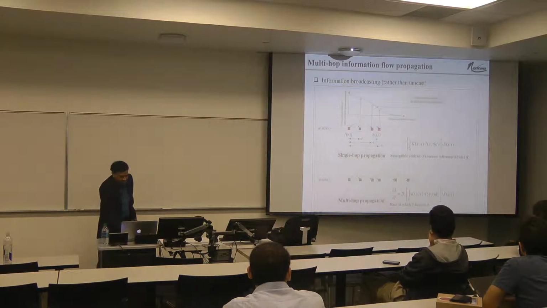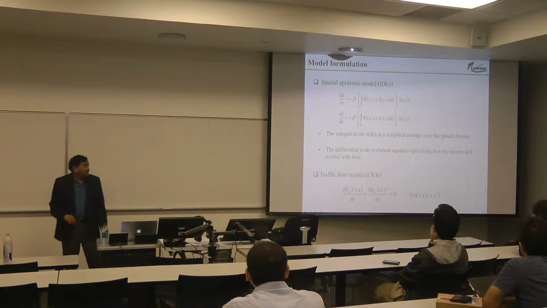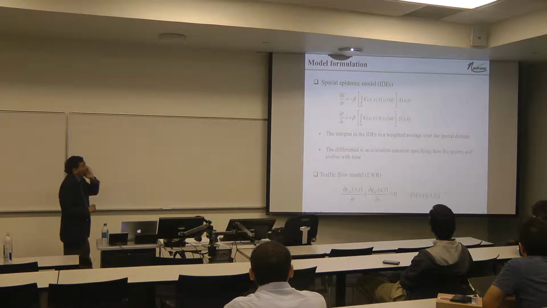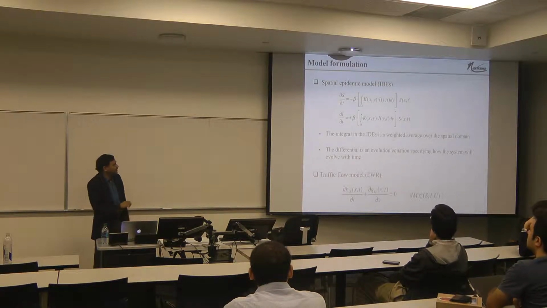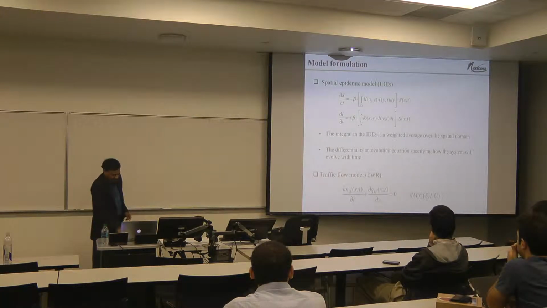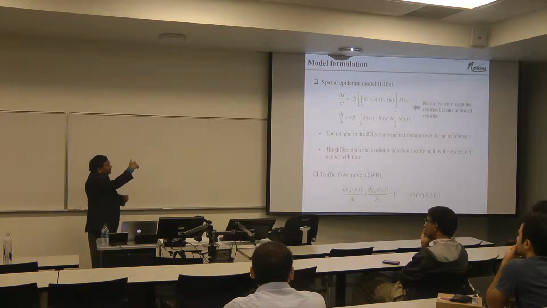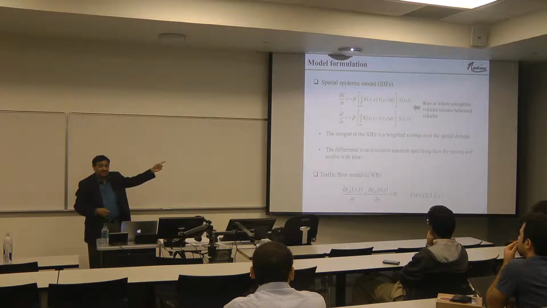This then becomes the equation that determines the movement of the information, which comes from the spatial epidemic model. These are called integral differential equations. What we are looking at here is the rate: the derivative of S with respect to t simply says the rate at which susceptible vehicles change, and the other one is just the mirror image of that, which is the rate at which vehicles get infected.